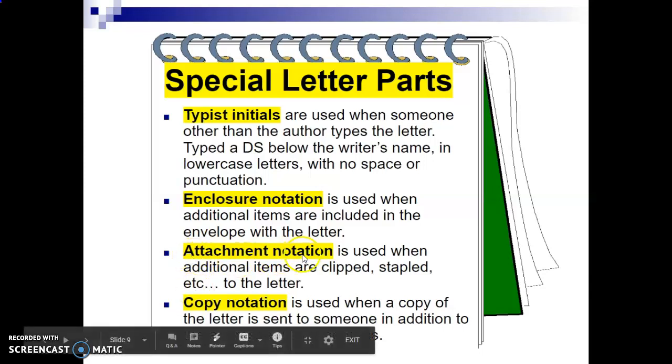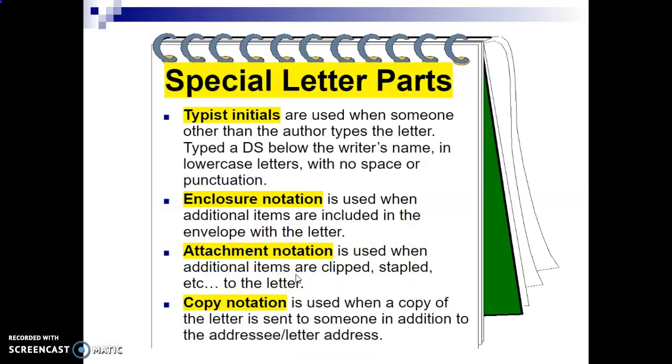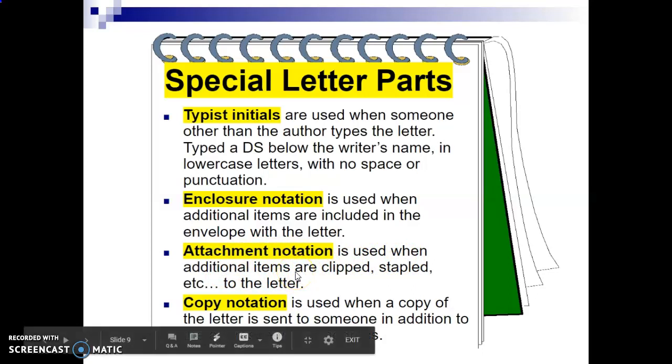The attachment notation is very similar to the enclosure notation. The difference is that the attachment notation is used when additional items are actually clipped or stapled to the letter. So they are actually attached to the letter.